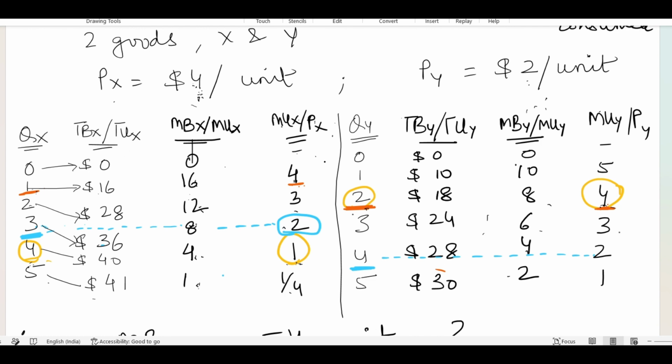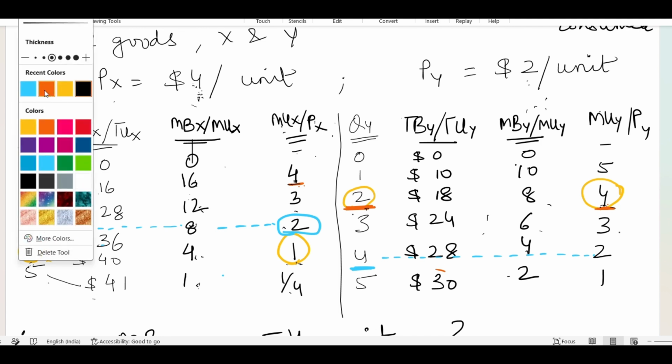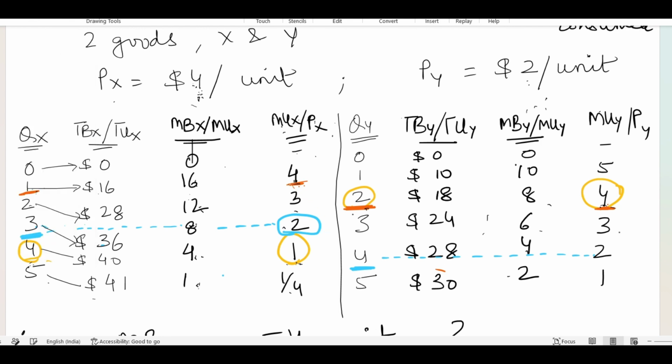All right. So first of all, let me take just any example. Let's say 4. The MU of x by P of x is 4 out here, and it's 4 out here. So these two are equal for y and for x.